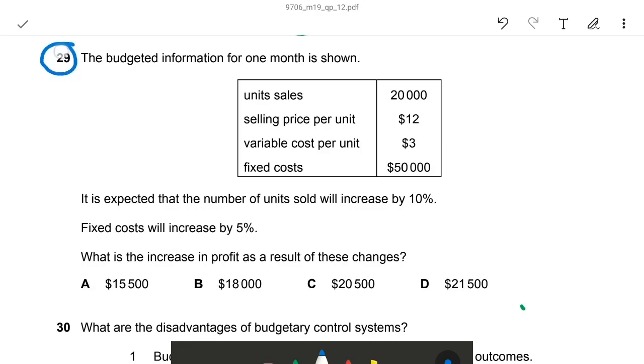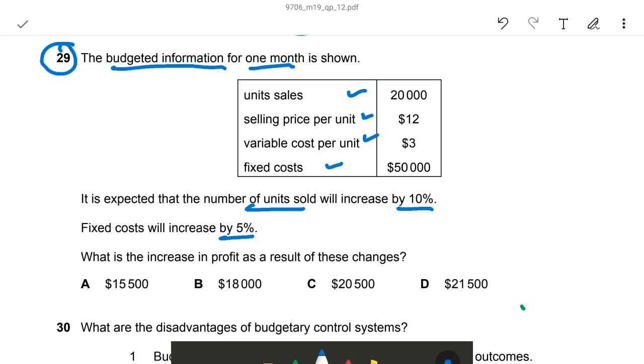Next, question number 29. The budgeted information of one month is shown: unit sales, selling price, variable cost and fixed cost. It is expected that the number of units sold increases by 10% and fixed cost increases by 5%.